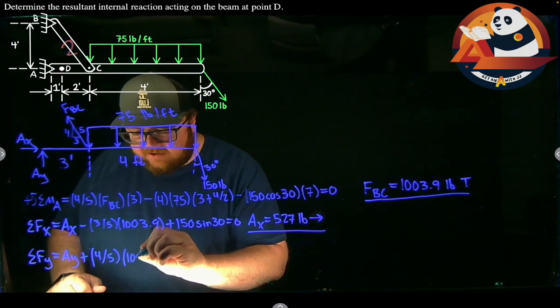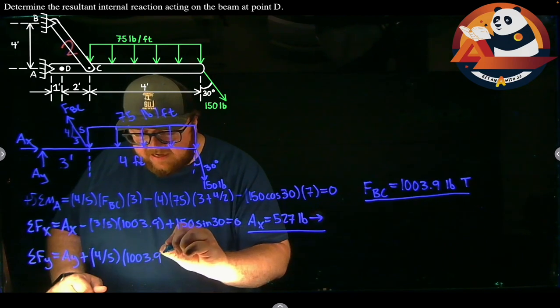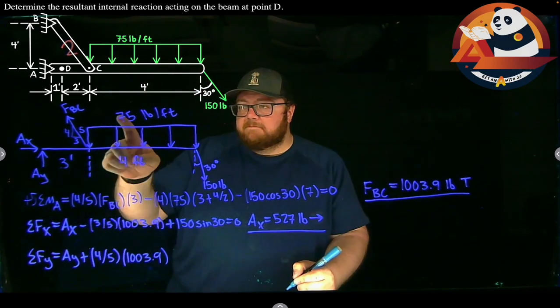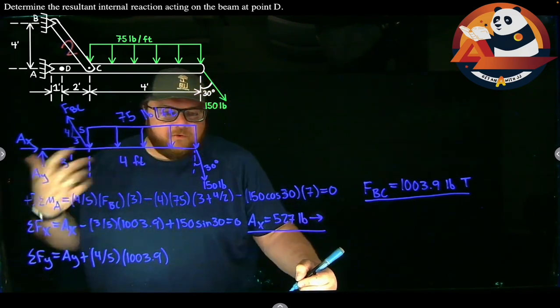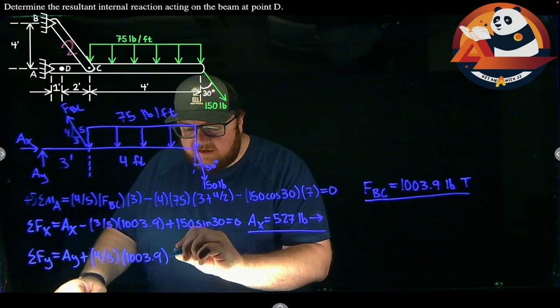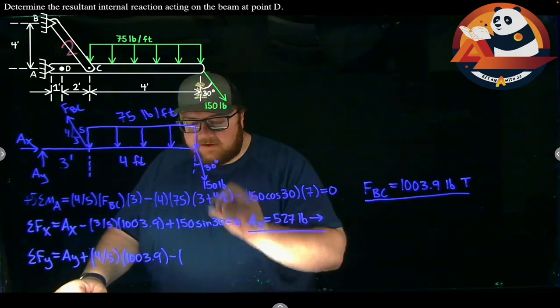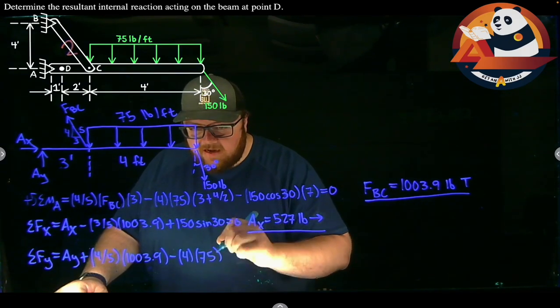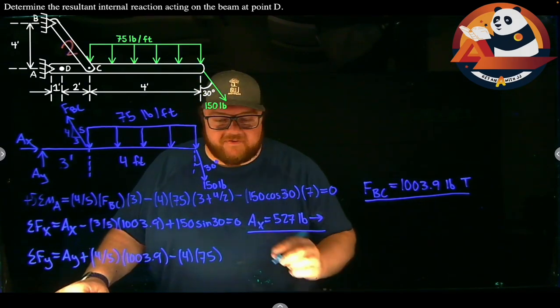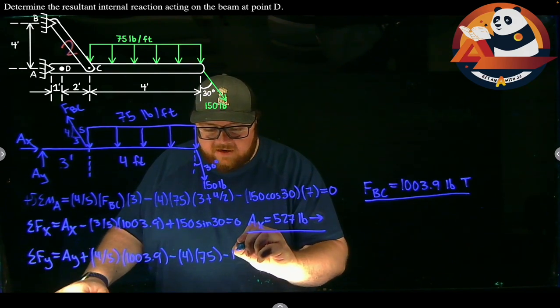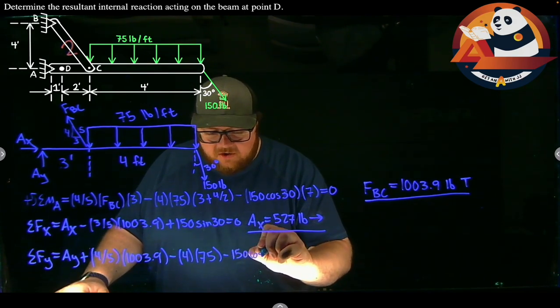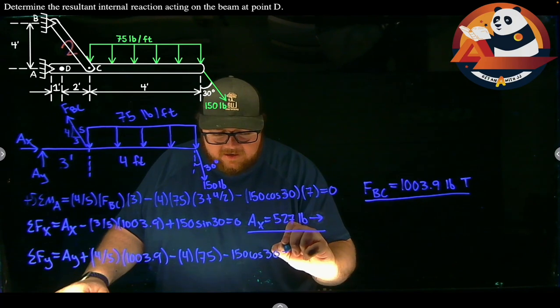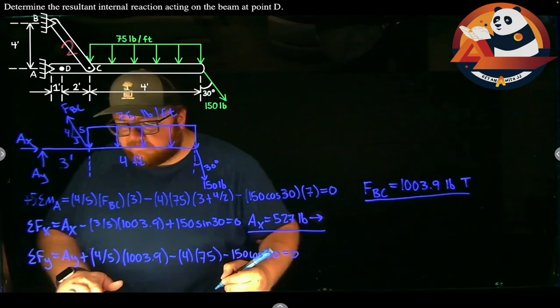FBC is 1,003.9. Minus my distributed load. The force from a distributed load, again, is the area. So minus 4 times 75. And then minus the y component of that 150-pound force. Minus 150 cosine 30. Should get us to 0.